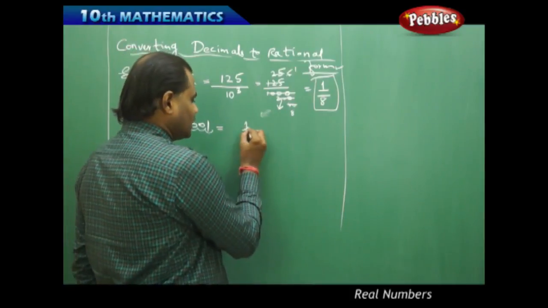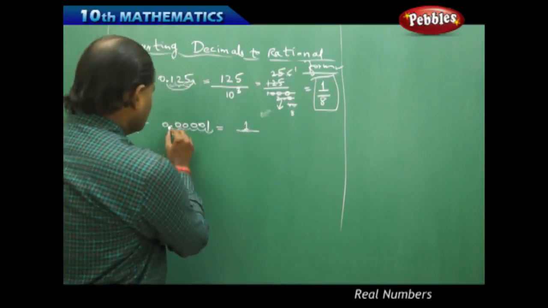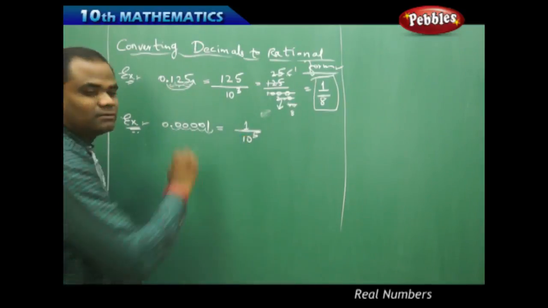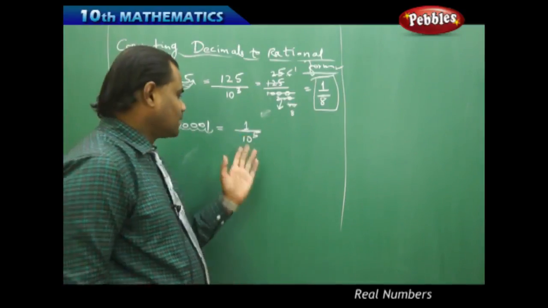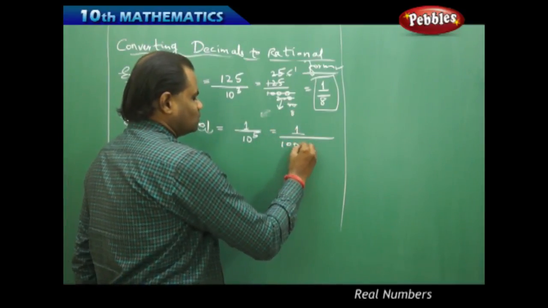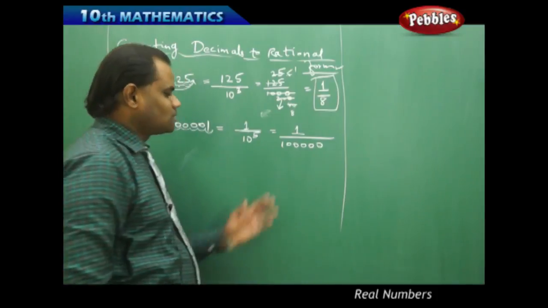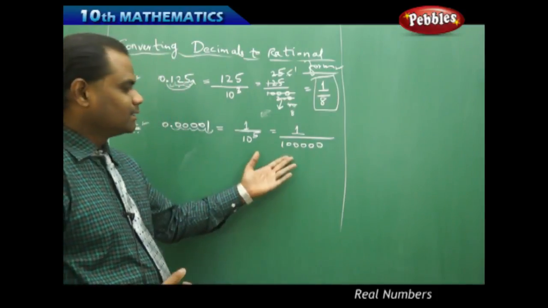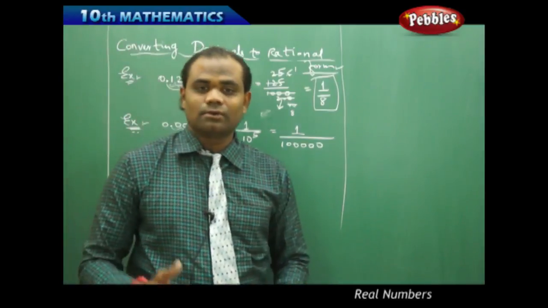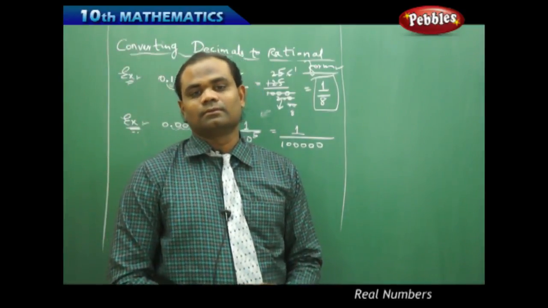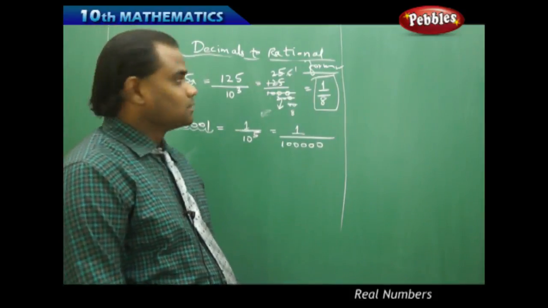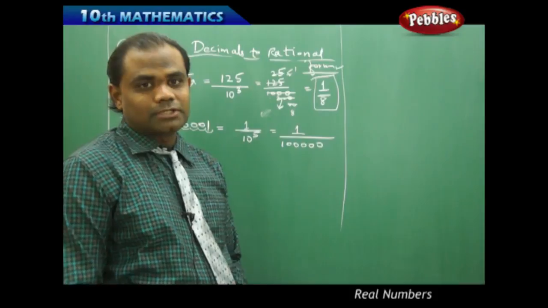So when I have this 1, because I move 5 steps to the right, I simply raise 10 to the power 5. And then I get this to be 1 over 1, 2, 3, 4, 5 is 1 lakh. 1 over 1 lakh is the rational value for the given decimal 0.00001.